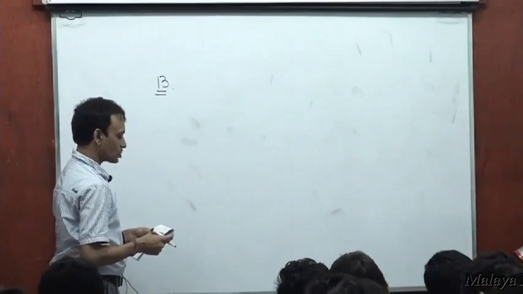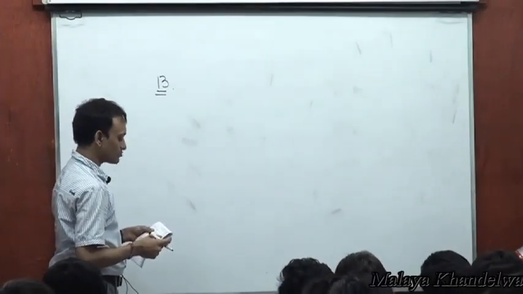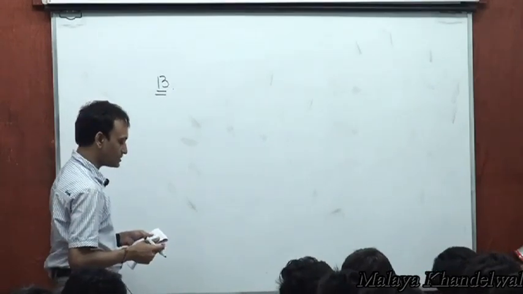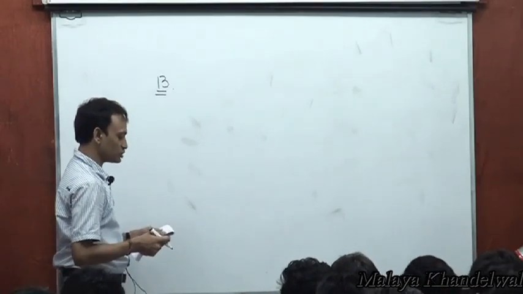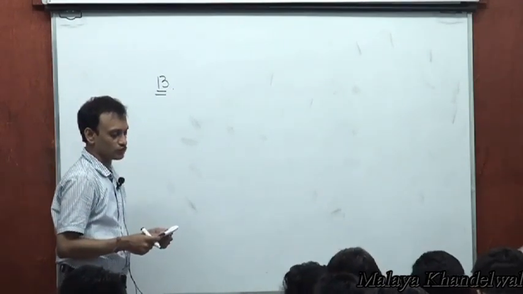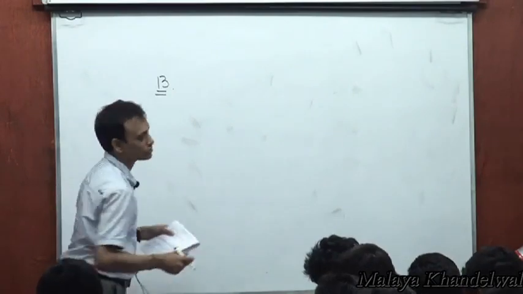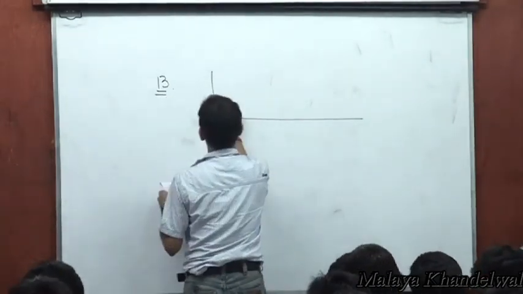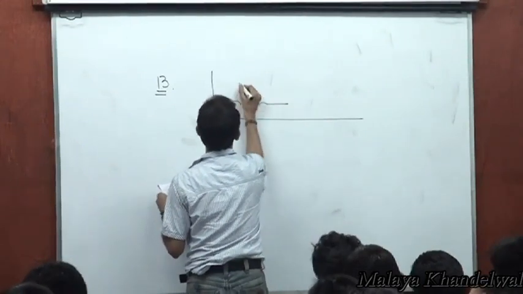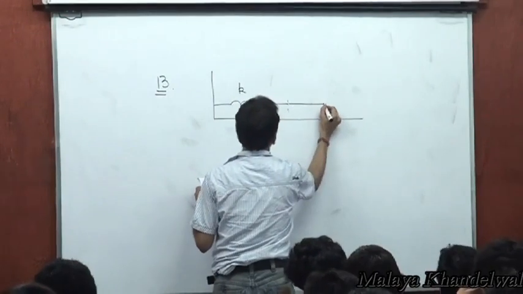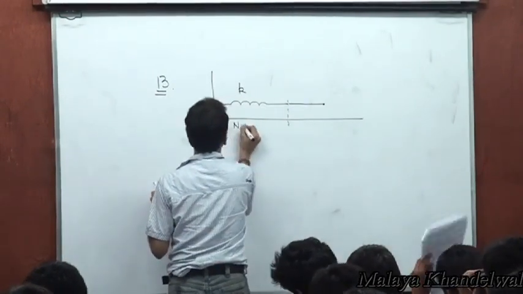A spring of force constant 200 Newton per meter is mounted as shown, and a mass of 2 kg is attached to the free end. If the system is given an initial displacement of 0.05 meters and an initial velocity of 2 meters per second, find the amplitude of motion. So what we do here is, there is a spring of force constant K. This is the natural length of the spring.